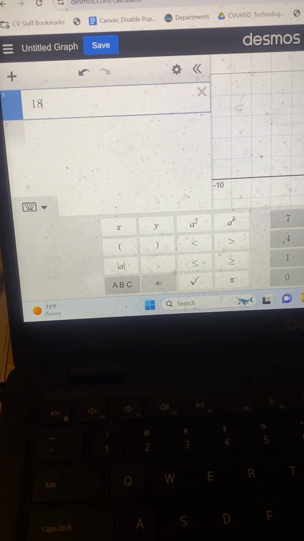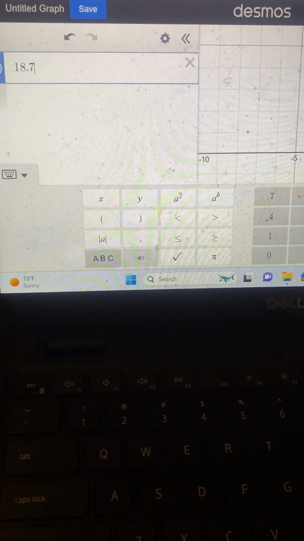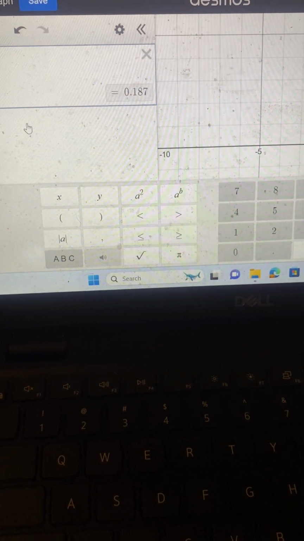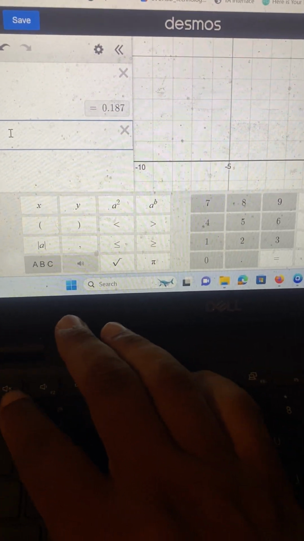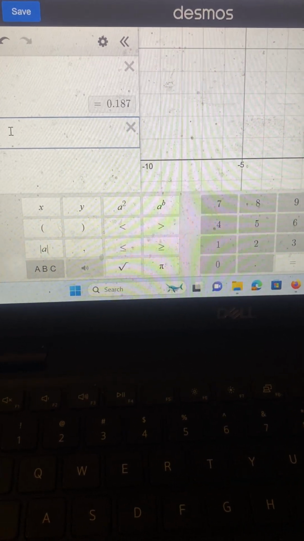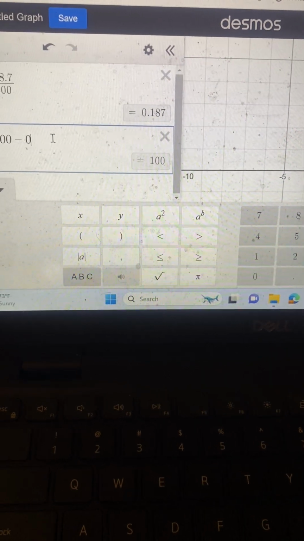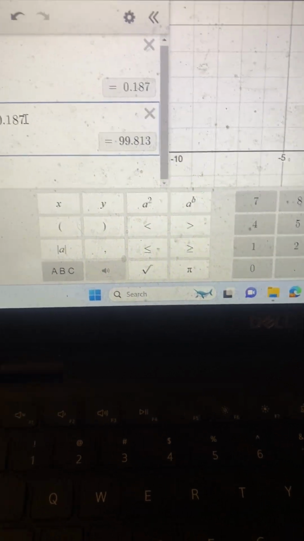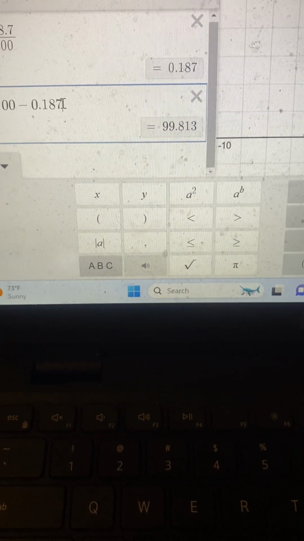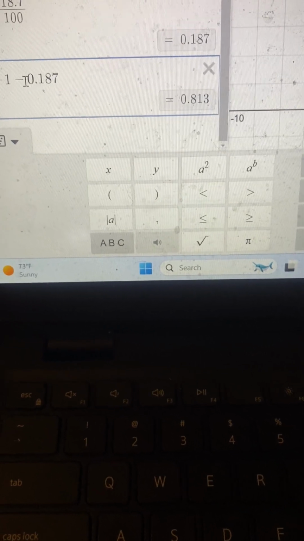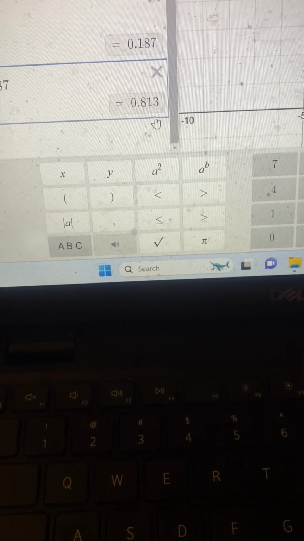I'm gonna show you on the calculator. You take the 18.7 divided by 100. So that becomes 0.187. Because it said decays, we subtract it from 1, so I get 0.813.